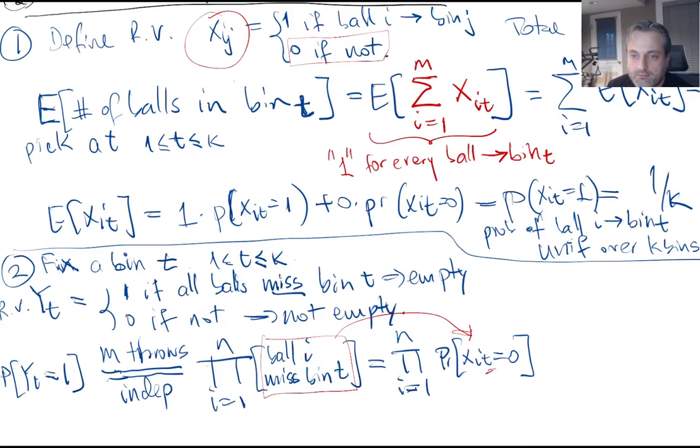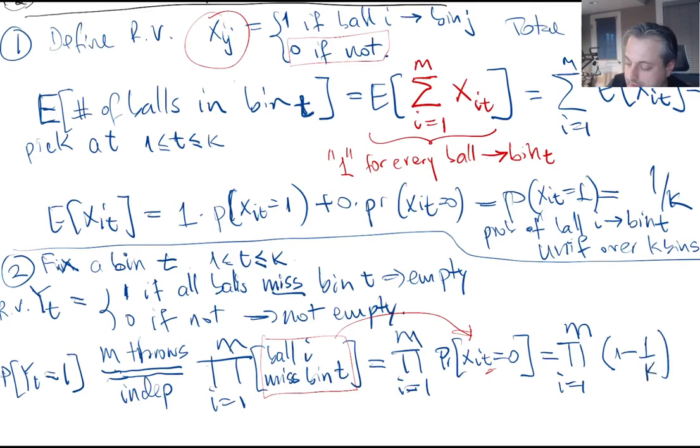So in here, what is the probability? Let's calculate this thing. We're getting a product from i equals 1 to m, there are m balls, of that probability. We get 1 minus 1 over k, right?